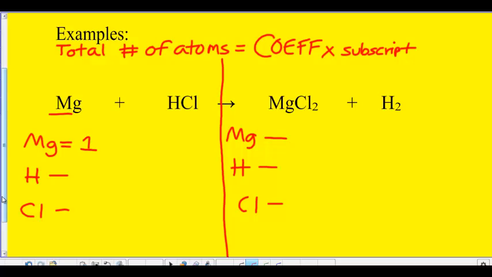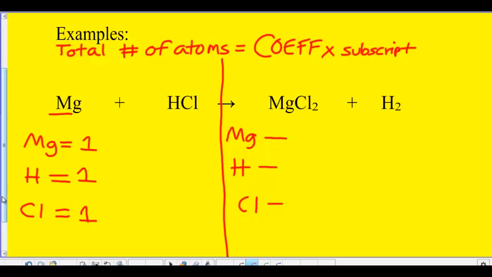So we only have 1 atom of magnesium on the left. Hydrogen, coefficient 1, subscript 1. We only have 1 atom of hydrogen on the left. And chlorine, the coefficient's 1, the subscript's 1. We only have 1 atom of chlorine. This down here is basically our scratch pad, or where we're working.